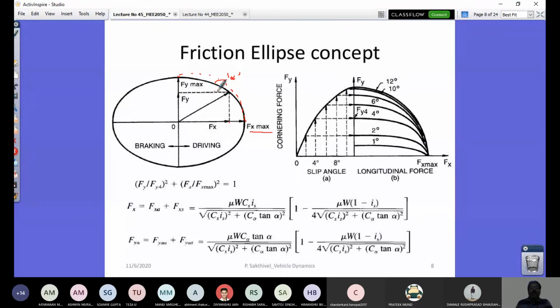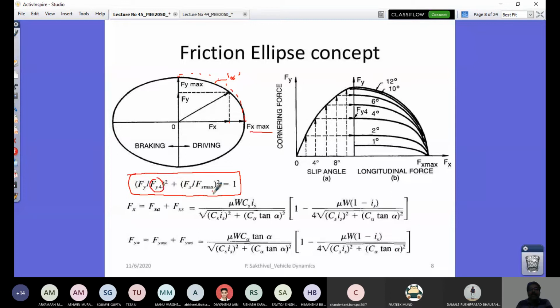What you see here? So how do you account for an analytical formula for that? For a given longitudinal force, the lateral force at a given slip angle can be obtained through this formula. So this formula is a formula for an ellipse. In this, you see Fy by Fy4, this is case study data. Fy4, I'll explain what this is.